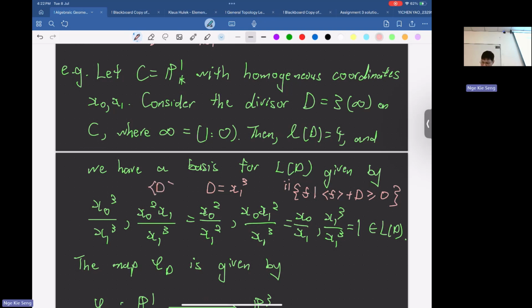Let's say D is equal to some principal divisor. Then maybe F looks like this.